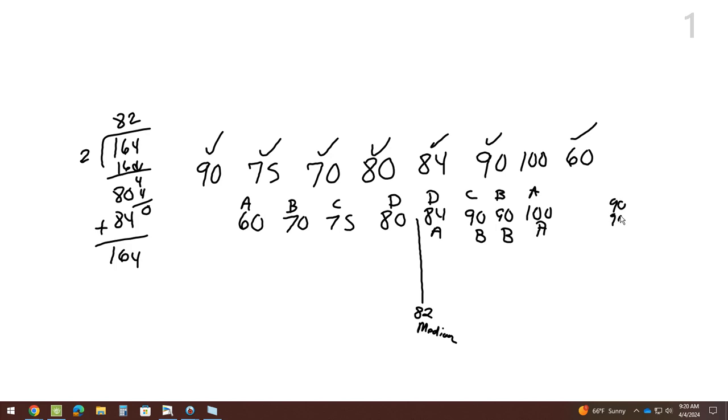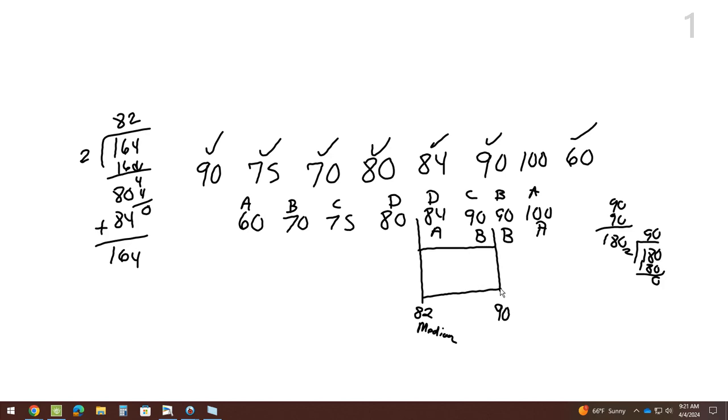Add and divide by 2. That's what I was going to tell you right now. If the 2 in the middle are the same, you're going to get the same thing again. So what are you going to draw? A line right there and say who's there? 90. And start making your box.